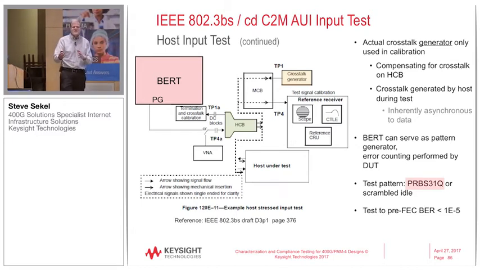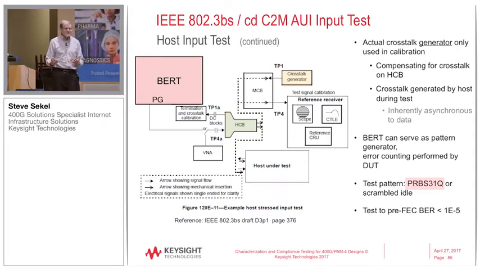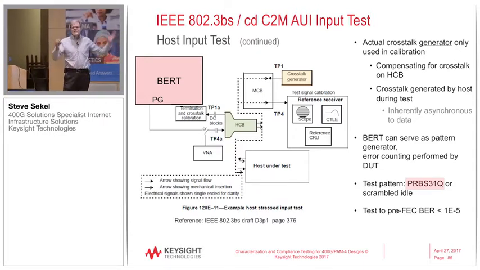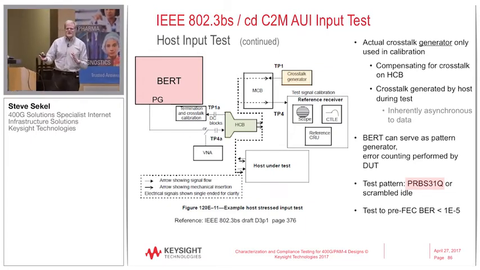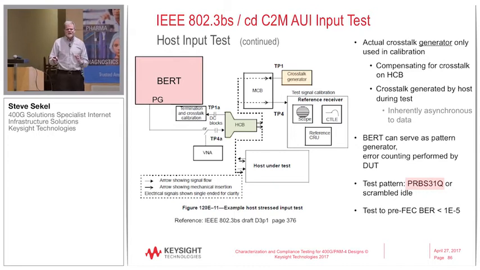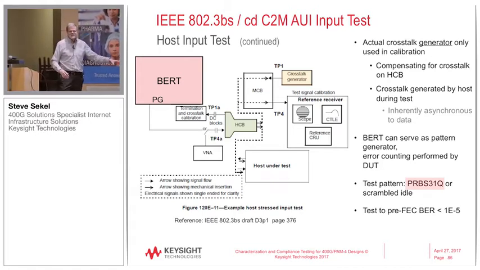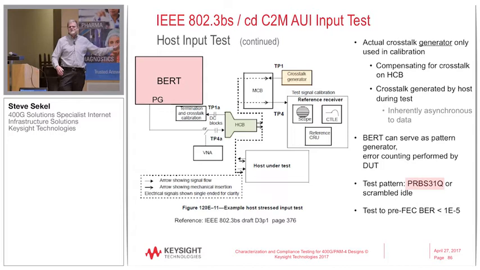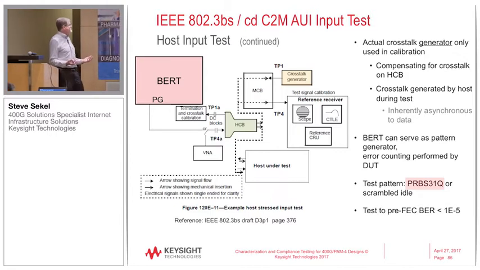When I ask the question in the standards groups, what I hear is that we need this much eye closure, and we don't want to put too much SJ in there, because SJ will cause the DFEs to fail, right? If it's periodic but not correlated to the clock, that's hard on the DFEs, and so that's the reason BUJ is still in the mix. Okay, I don't think that's a good reason, but that's what I hear from the people that write this stuff.